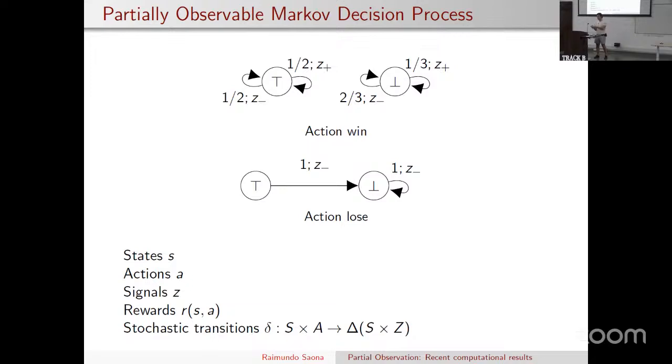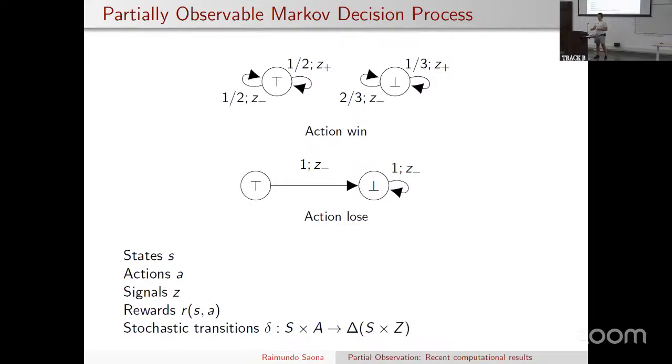There are no letters, there are actions. So you start in some state, and you might take an action win or an action lose. After an action, there will be a probabilistic transition, and there will be information back. So this is new with respect to probabilistic finite automata. The information is a signal.